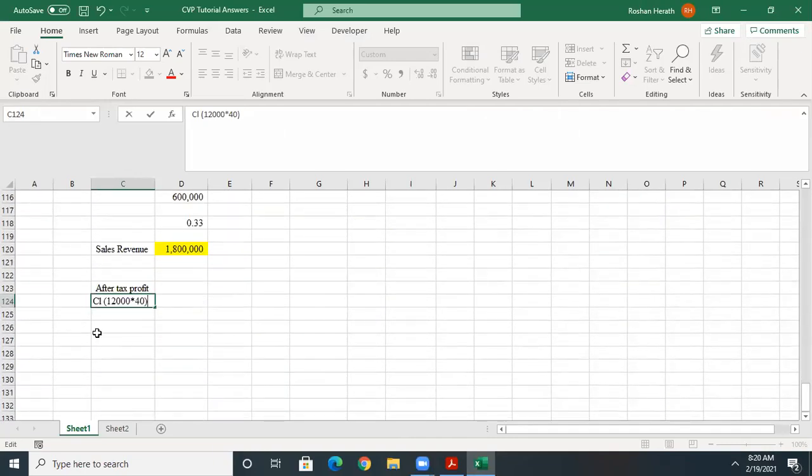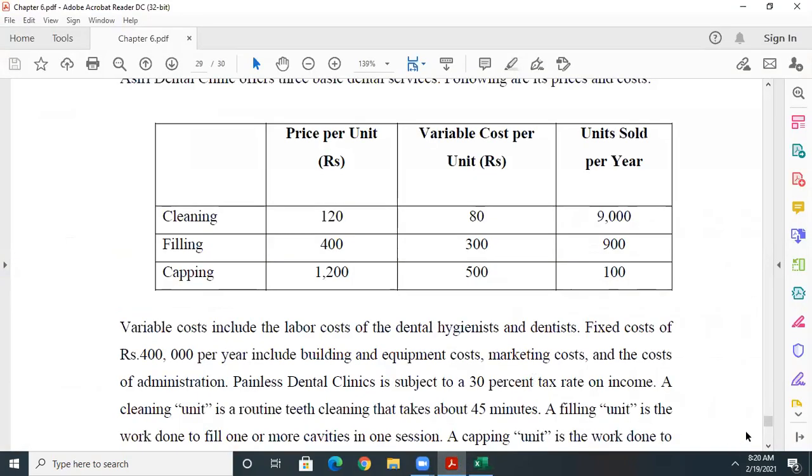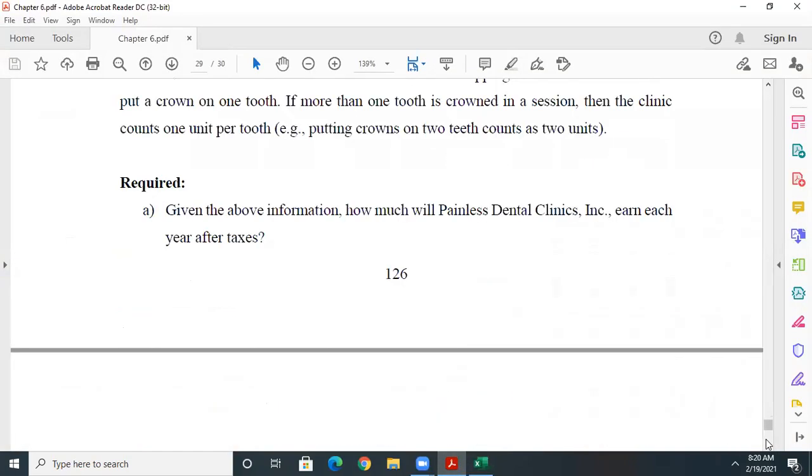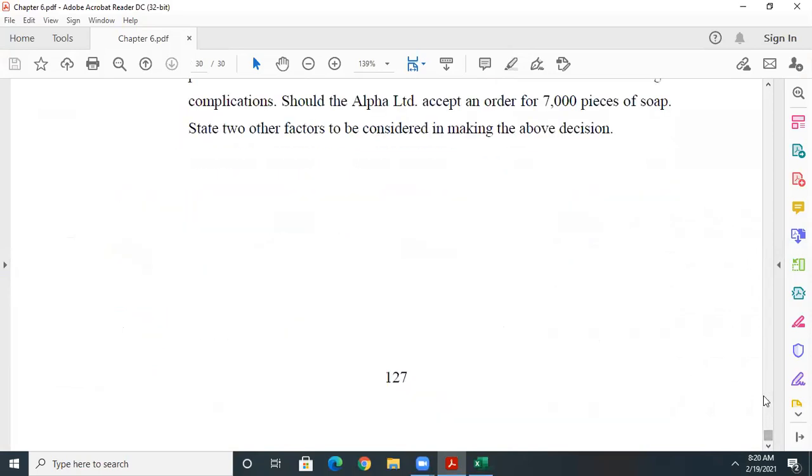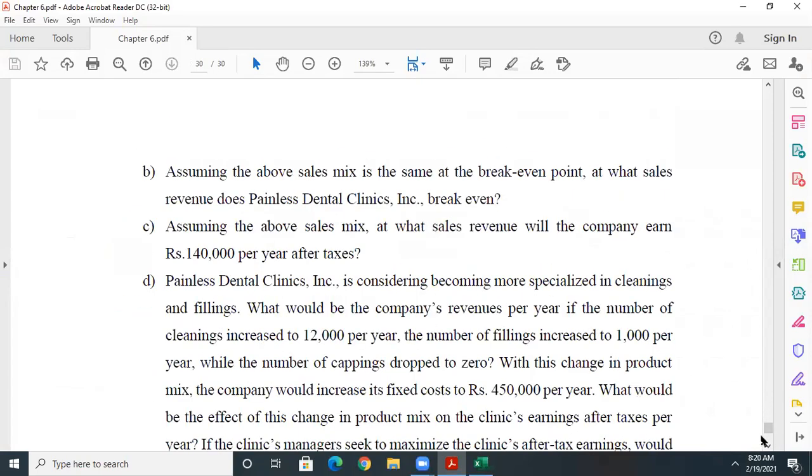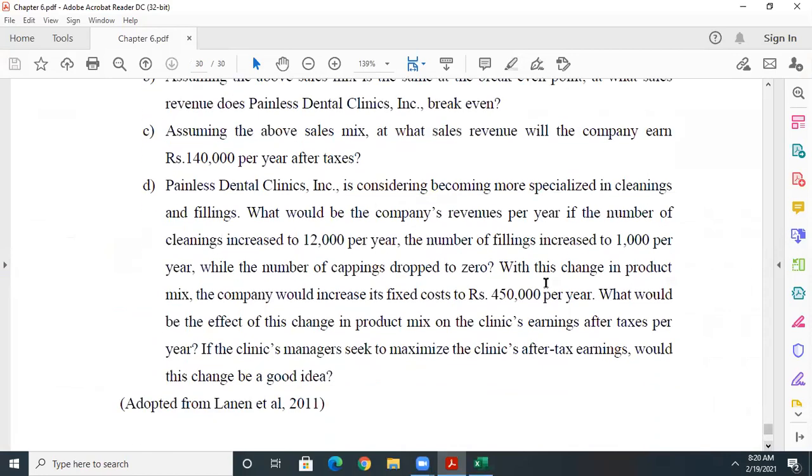Then you have the filling, the other product. The contribution is 100 per unit, and the number of filling increased to 1,000 per year.